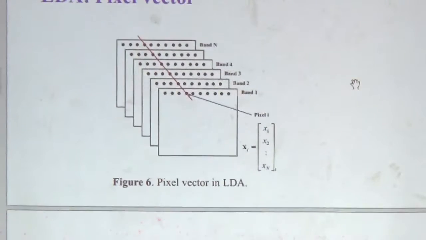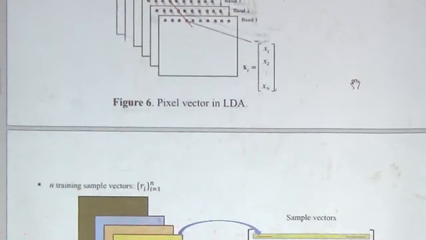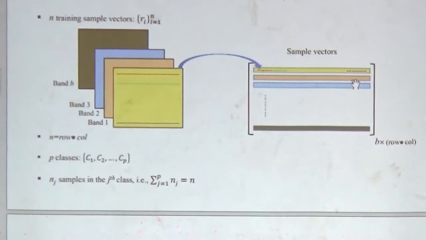So again we have p number of classes, C1 to Cp, and there are nj samples in the jth class.